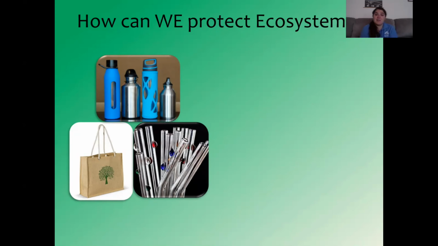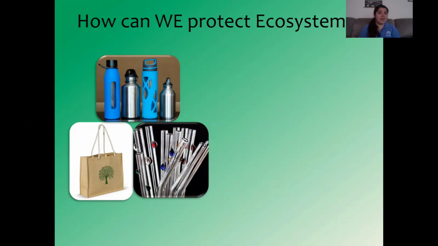And plastic is one of the main things that ends up in their ecosystems, and plastic never goes away. It might break down into smaller pieces, but a piece of plastic that goes in the ocean today will be in there forever. So we want to try not to use single-use plastic, which is plastic that we use one time and recycle it or throw it away.